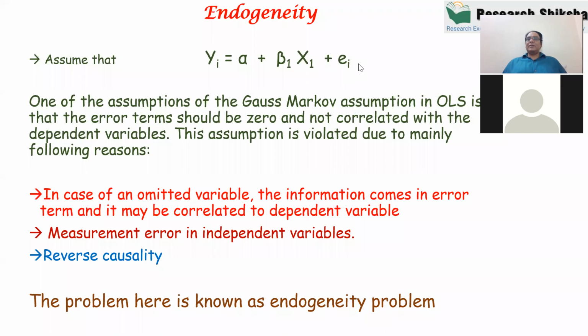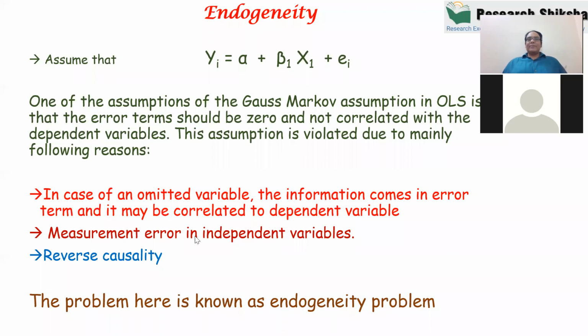As a result, this error term is found to be correlated with dependent variable y. So one reason is the omitted variable, some important variable which can explain y but is not part of the model. That problem is known as the omitted variable problem.